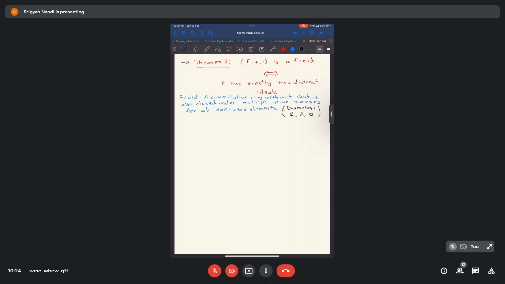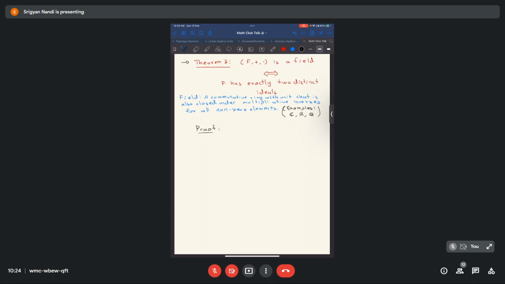So it would be helpful to think of a field as the perfect ring in some sense, because it satisfies all the neat properties for both the binary operations that it relies on. I will repeat the statement of the theorem again, and then we'll go to its proof. The theorem tells us that if F is a field, then F has exactly two distinct ideals.